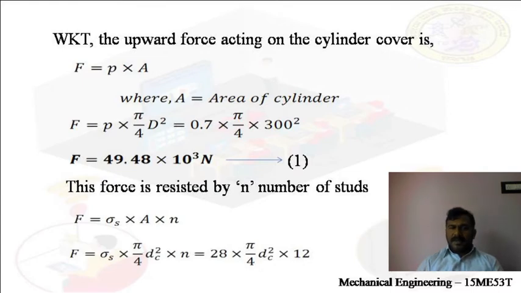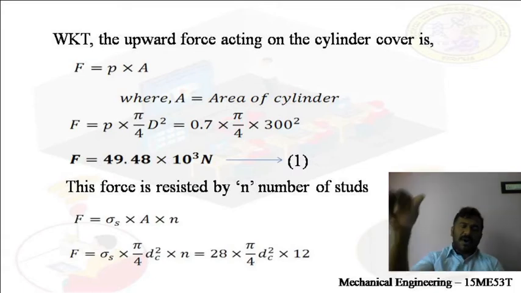Next, this force is resisted by N number of studs, because whatever the upward force, that will be transferred to the studs. In order to retain the cylinder cover in its place, that force is resisted by the studs. That is, F is equal to stress into area into N. N is nothing but the number of studs, because this force is transferred to all the 12 studs.